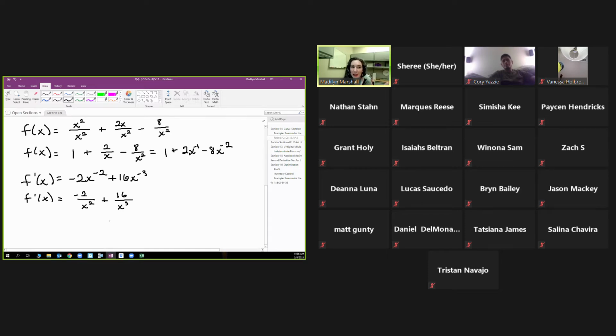And anticipating what we're going to do with this derivative, solving it with it equal to 0, we want to get these two terms together, which means we need a common denominator. So if we have x squared and x cubed, our common denominator is x cubed. So we would have to multiply each of these by x.